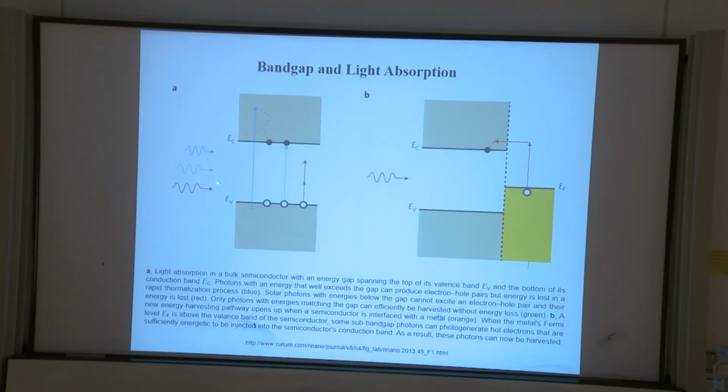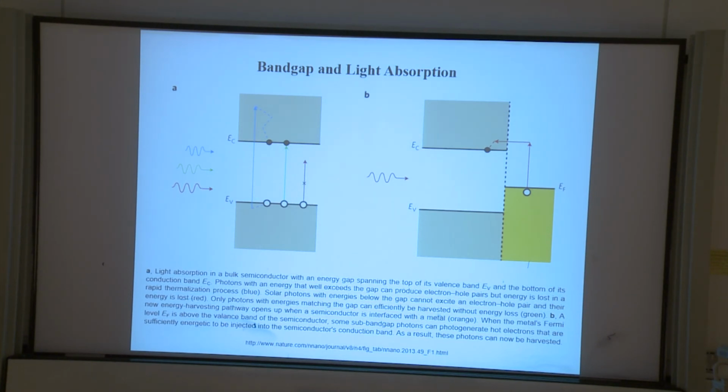Now, if you are using a photon with weaker energy or longer wavelengths, then it will try to excite the electrons, all right? But this one cannot afford to excite the electron to the conduction band edge. It may go there, but there are no orbitals for the electrons to stay.